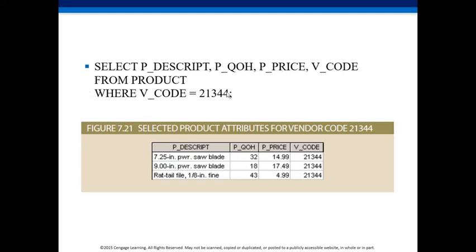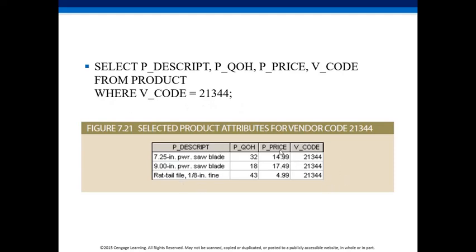So it selects the list of products whose V-code equals 21,344. The output shows V-code 21,344. If there were no filter, it would display other items or rows with other products. But since we're specifying a filter here, only 21344 is returned.